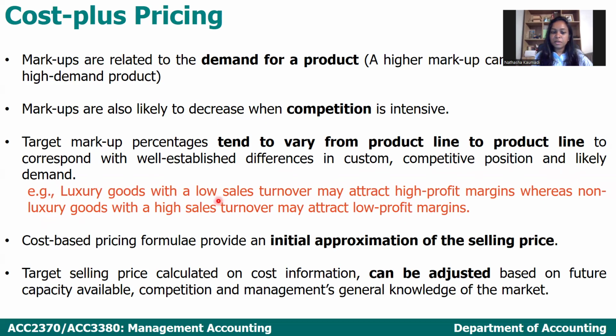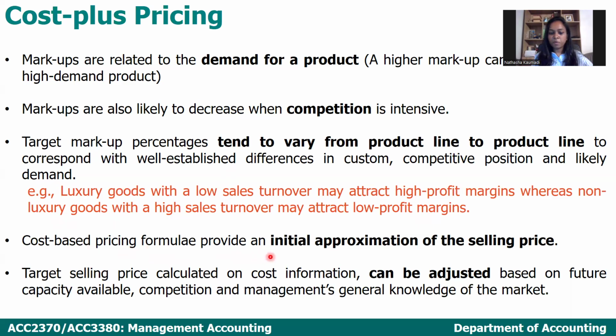Luxury goods with a low sales turnover may attract high profit margins, whereas non-luxury goods with a high sales turnover may attract low profit margins. If it is a luxury product, even though there is low sales turnover, your prices and markups are very high. But for non-luxury goods, where a huge quantity is sold, maybe you add a small markup. So there can be differences, product line to product line.